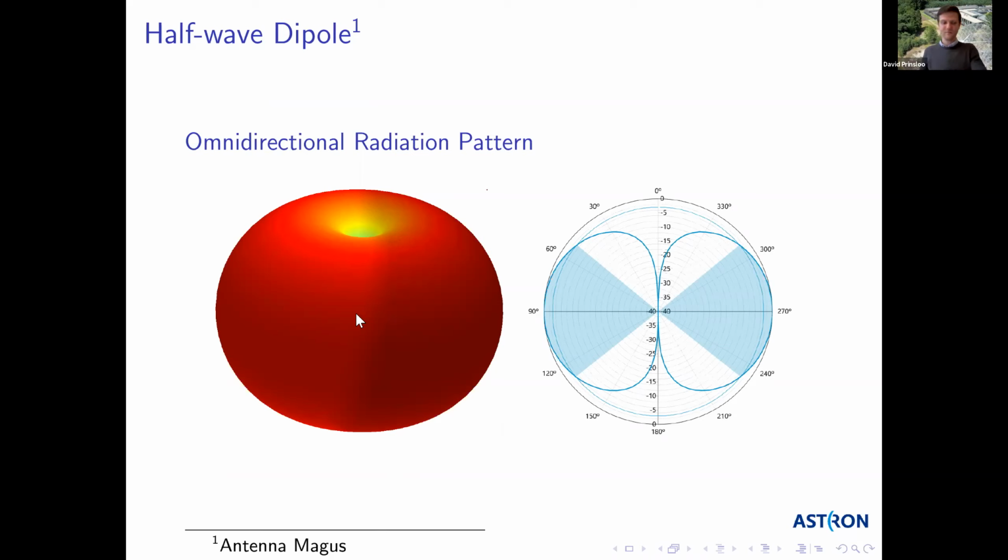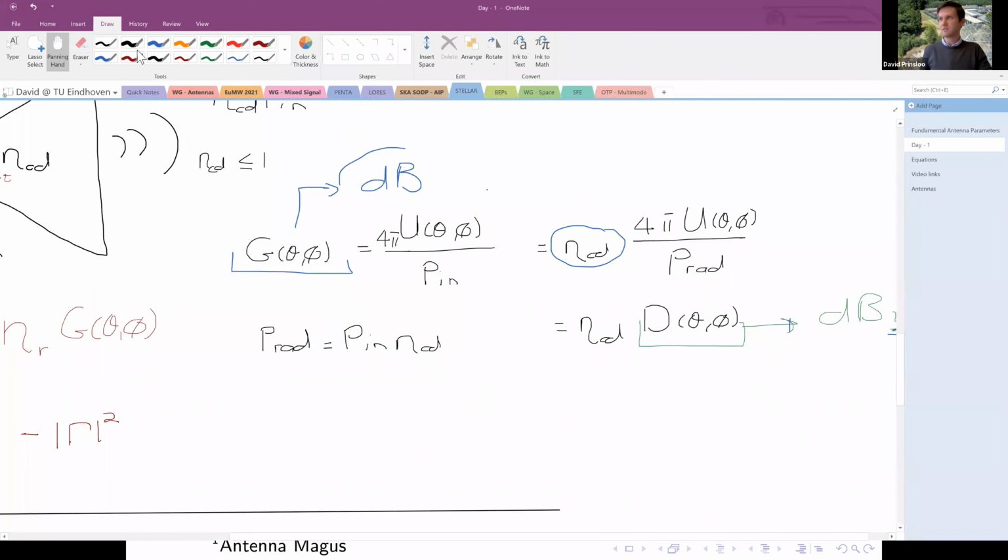Okay. So I want to write down a couple more things for you regarding this dipole antenna. And these are just nice quantities to know. This is not working as planned.